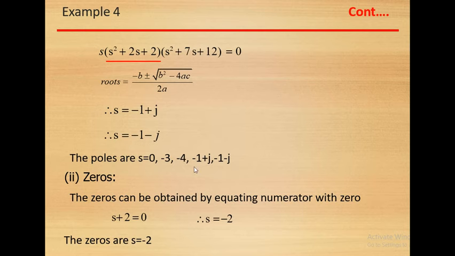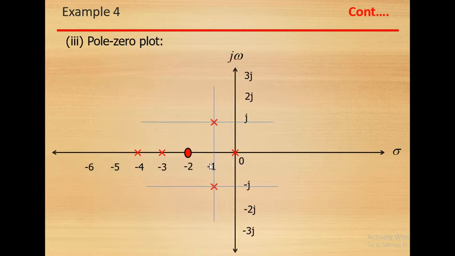Now it is a combination of real and imaginary. So -1 plus j: the real value is -1 and the imaginary value is j. If you carefully observe this axis, here it is j, 2j, 3j, the positive values, and these are the negative values of the imaginary axis, that is -j, -2j, -3j, -4j.